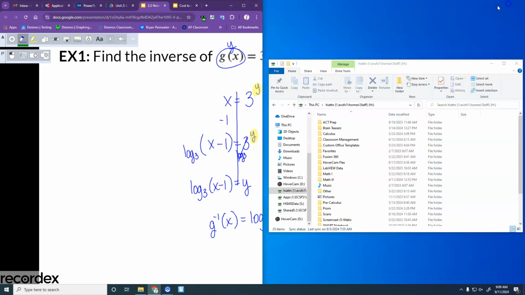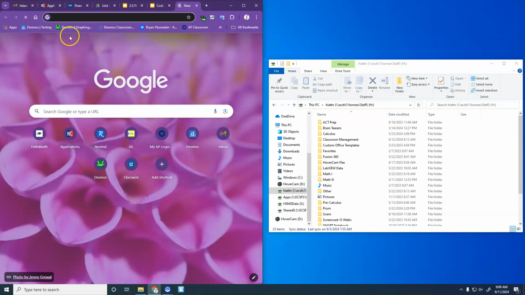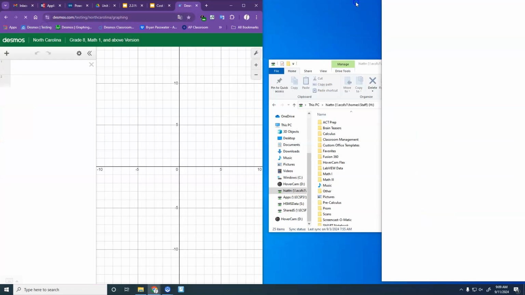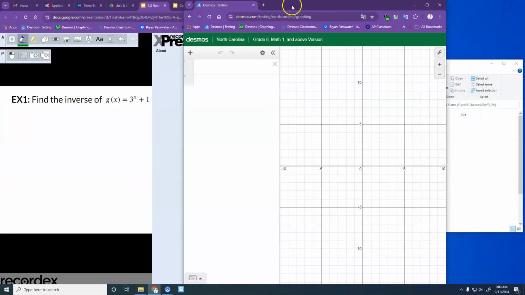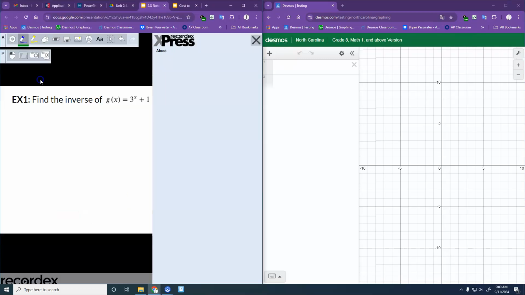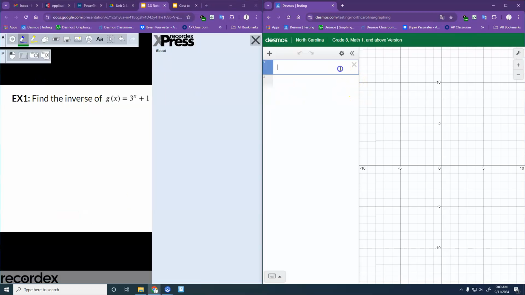Let's check this using Desmos. So we have g of x equals 3 to the x plus 1. We got our inverse.